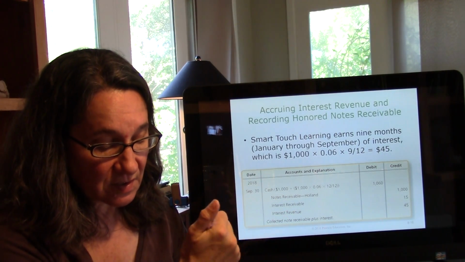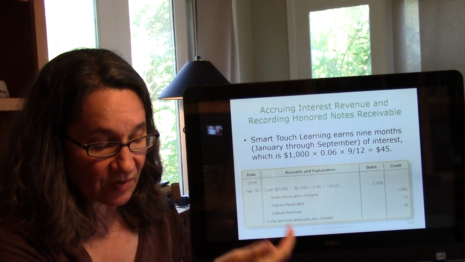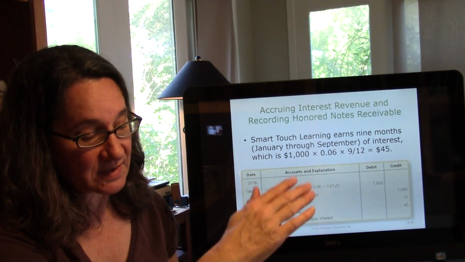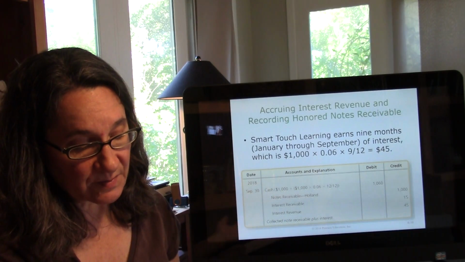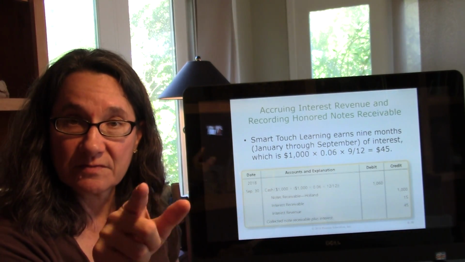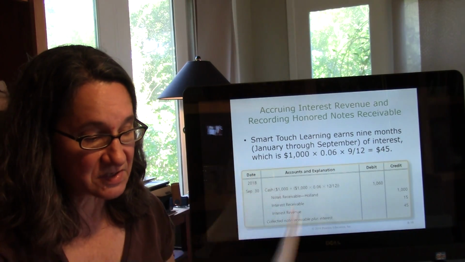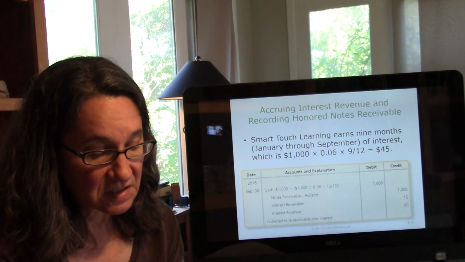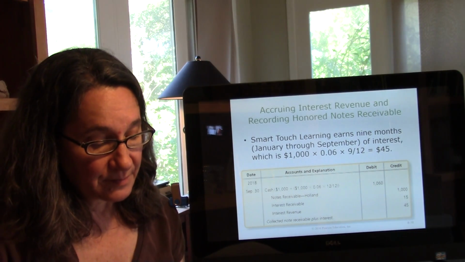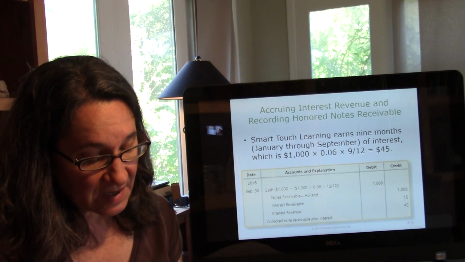So she owed you October, November, and December interest, and that was $15. So the rest of the year goes by, January through September. She owes you another 9 months, so that's $45, right? So she's accrued $60 worth of interest. 15 of it's already on the books as a receivable, and now she owes you the rest.